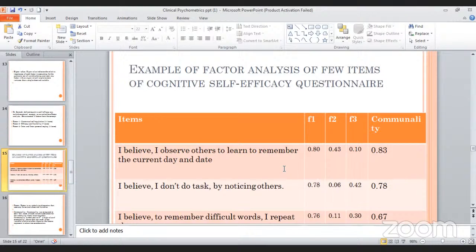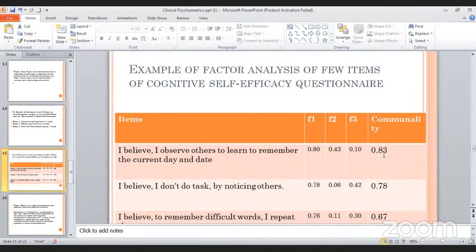Is it clear? Okay. We are just showing the factor loadings. And this is the communality. Communality indicates how much of the variance the variable is able to explain, and it can be found by squaring the loadings: 0.80 squared plus 0.43 squared plus 0.10 squared gives 0.83.